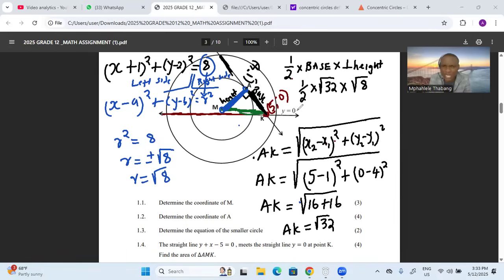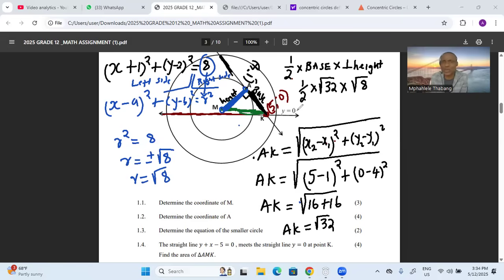Make sure that you understand every concept that we talked about here, such as tangent is perpendicular to the radius. That is a very important concept. You need to recall that when you take the gradient of the tangent times the gradient of the radius, it has to give you -1. You need to know how to find the equation of a small circle.